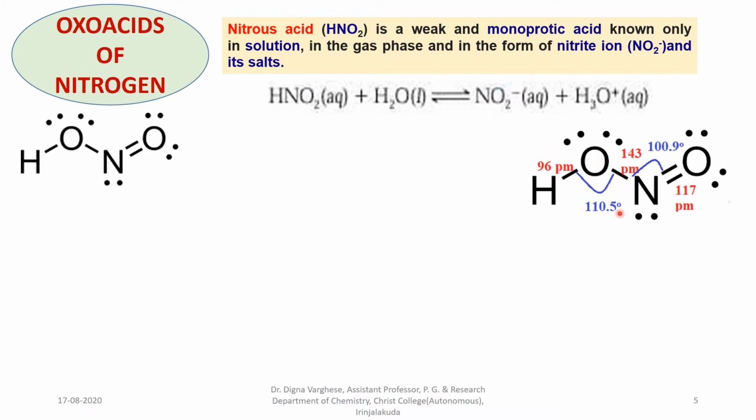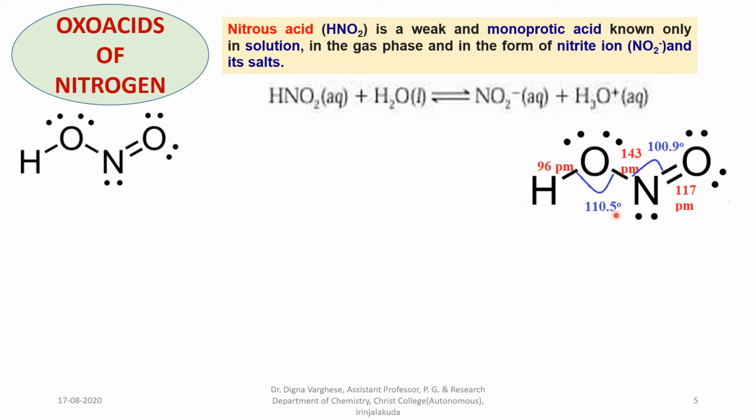In this molecule, the OH bond length is 96 picometer, the oxygen nitrogen bond length is 143 picometer, and the nitrogen double bond oxygen bond length is 117 picometer. The ONO bond angle is 100.9 degree, the HON bond angle is 110.5 degree.